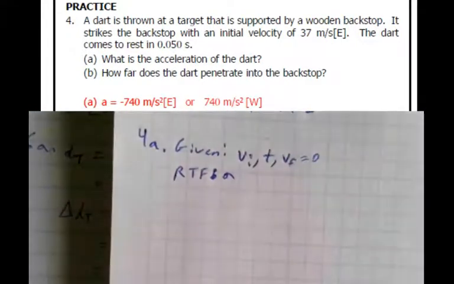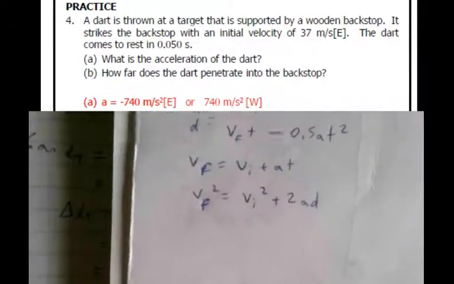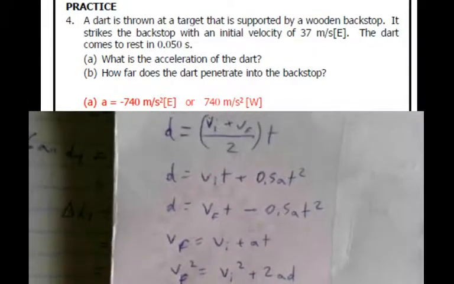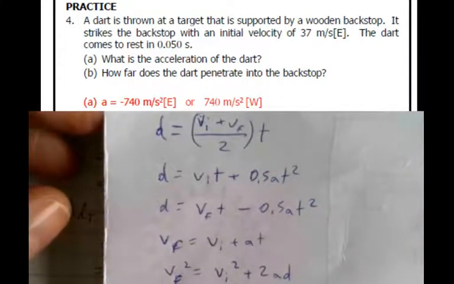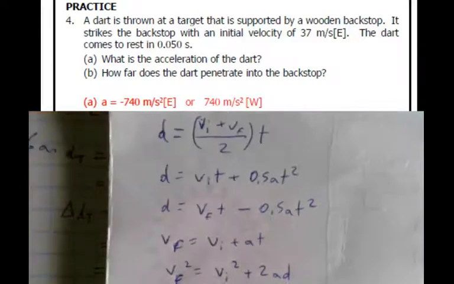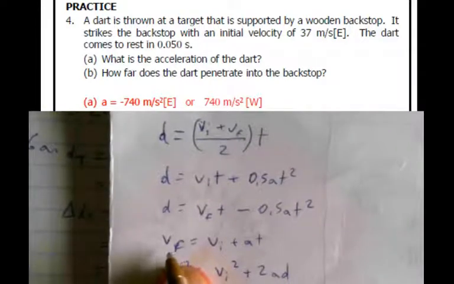So, pull up the list of equations. What is it that we have that involves A, VF, VI, and T? That looks like this equation here. VF equals VI plus AT.